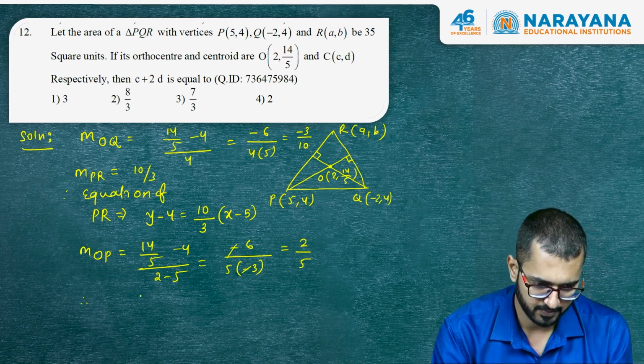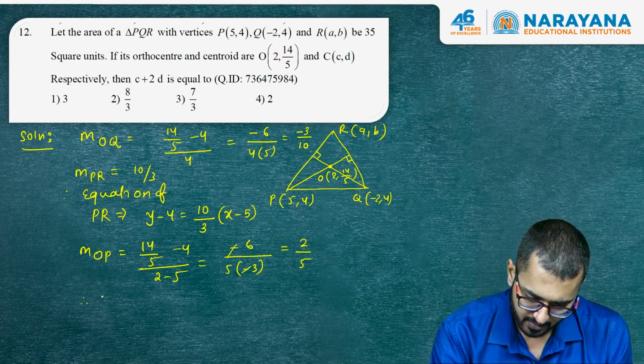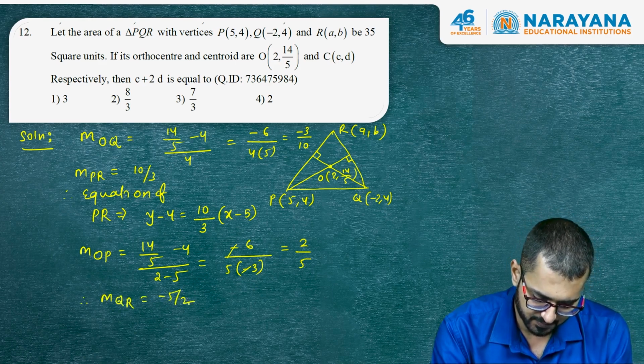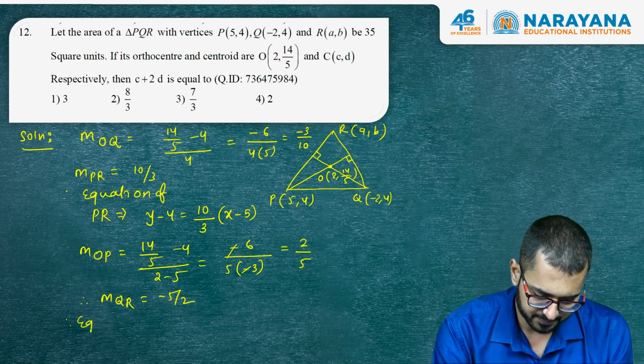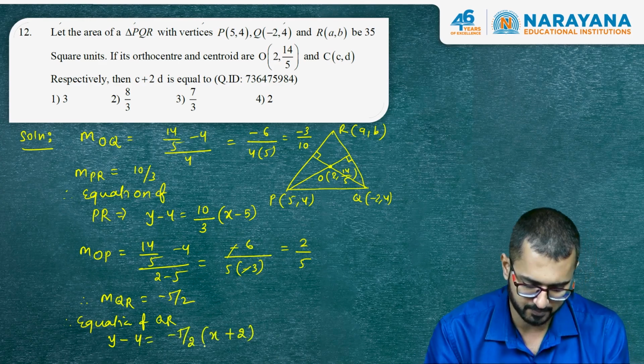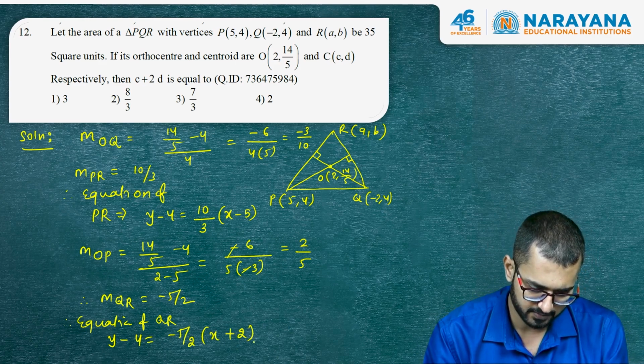So m of OP is 2 by 5. Therefore from this m of QR will become minus 5 by 2. So the equation of QR will become y minus y1 is equal to m into x minus x1, so y minus 4 equals minus 5 by 2 into x plus 2.